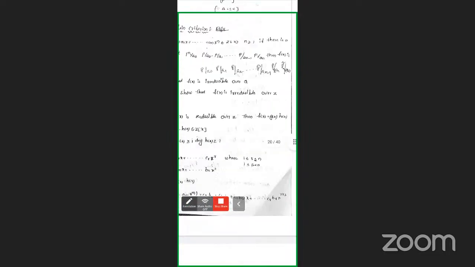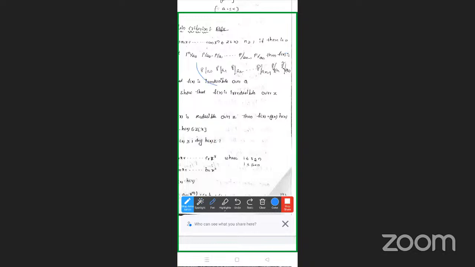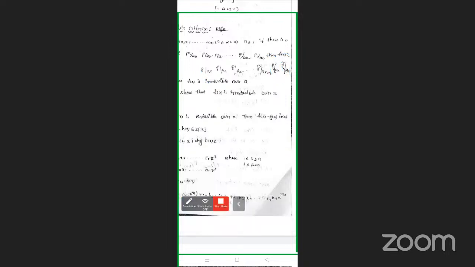Using this condition, in the first case, p does not divide c naught and p divides b naught. Given p does not divide an, so an is nothing but br into cs. So this coefficient an is nothing but br into cs.